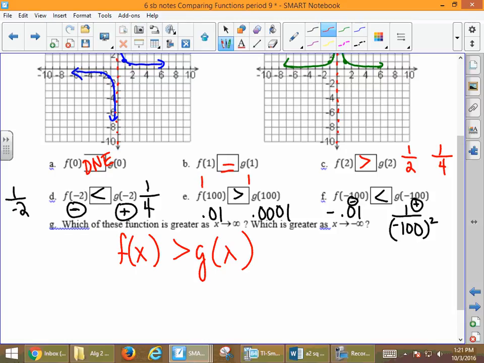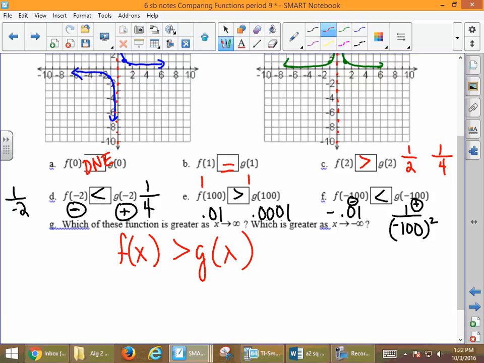If we go the other direction, and we can look at this on our calculators as well, as x approaches negative infinity. So -2 is our first spot where f of -2 is smaller than g of -2. And then we go over here to f of -100.